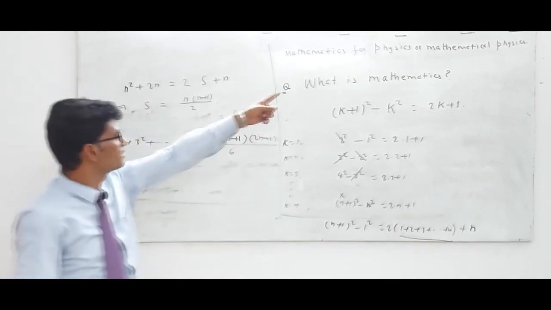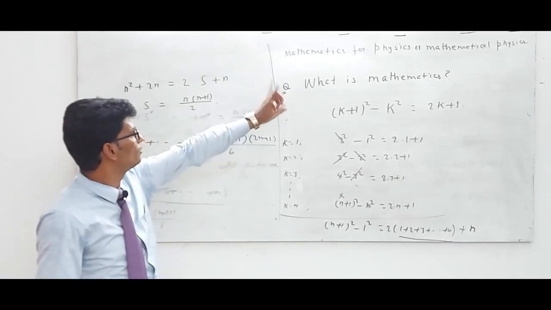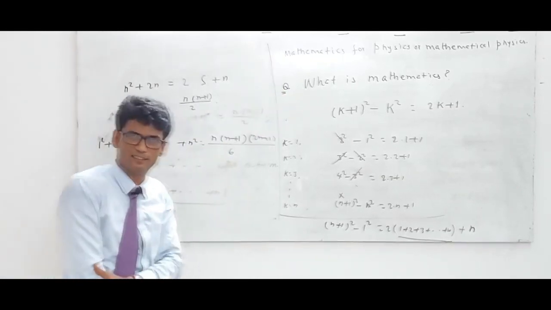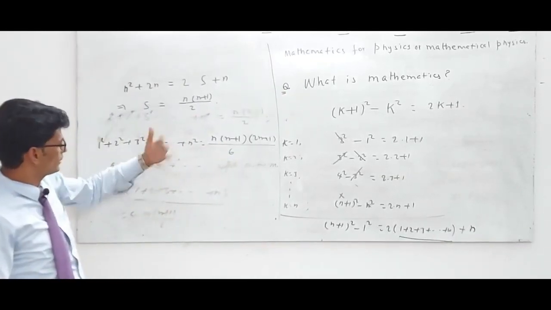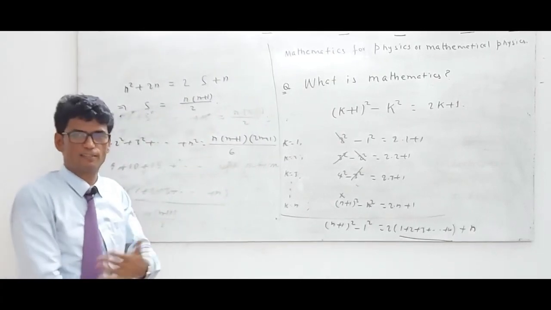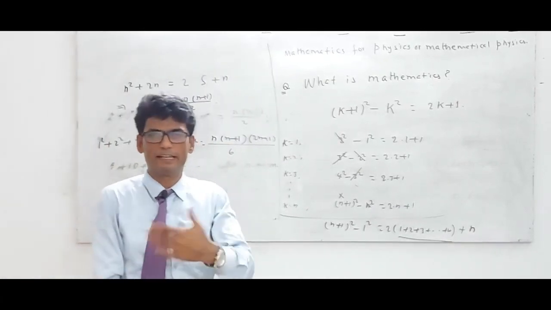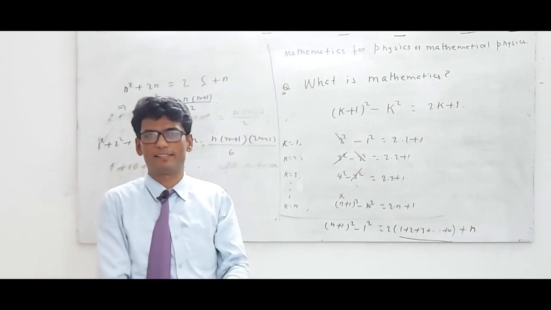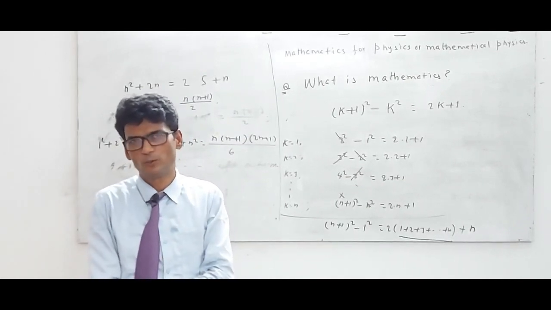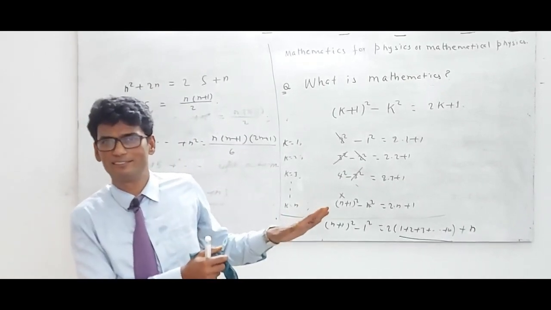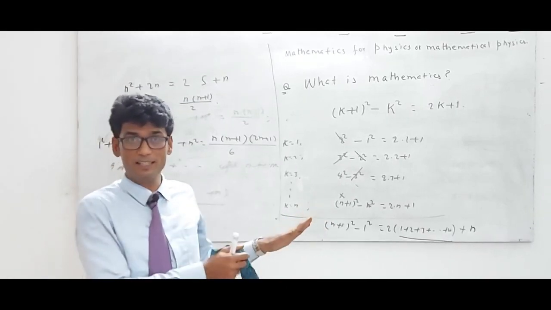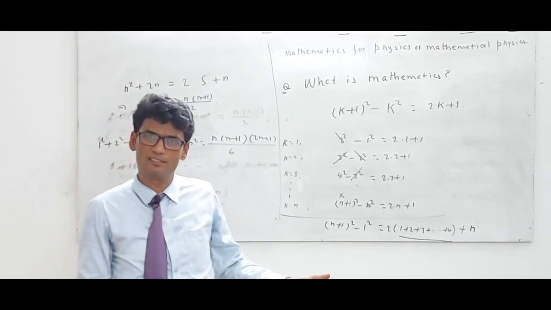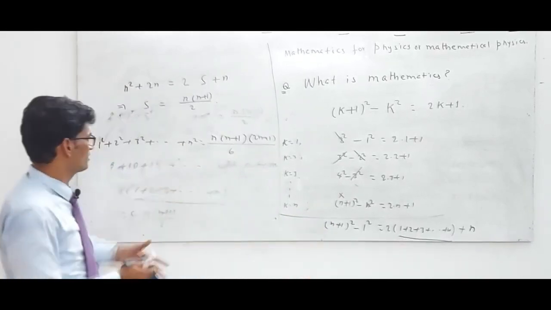Because the heading is mathematical physics, or mathematics for physics. In calculating moment of inertia, center of mass, electric field, magnetic field, gravitational field, we may encounter such series. So if we know these things, we just use the result. That is why we are going to prove it.